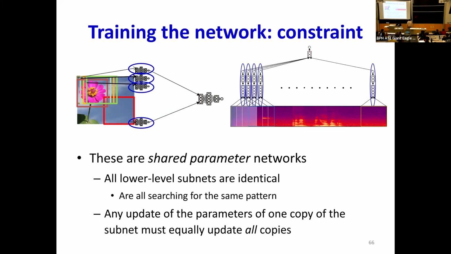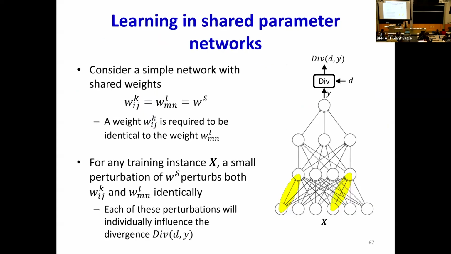So let's say I make an update and I update the parameters of this copy of the network. That update must be reflected in all of these copies. If I update some particular element of this subnet, it must update all of the subnets, right? So how does that work? Let's see how updating with shared parameters works.